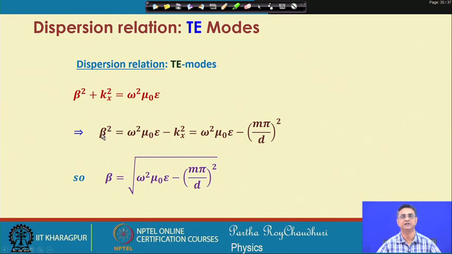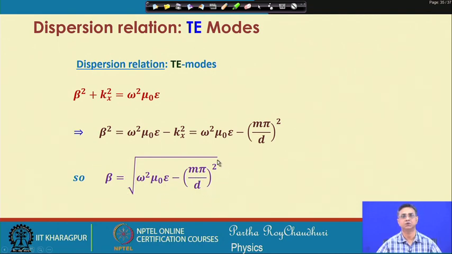This tells you the allowed values of the propagation constant, which include m equal to 1, 2, 3, etc. This gives beta equal to the square root of omega square mu naught epsilon naught minus (m pi by d) square, and m can assume the values 1, 2, 3, etc.